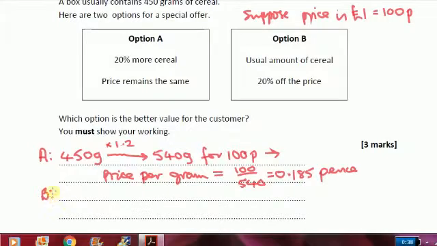And in option B, it just says the usual amount of cereal, but 20% off of the price. So we still get 450 grams of cereal in option B instead of 540. And we get it for 20% off from 100. That's easy. If you subtract 20%, that means you're left with 80% of 100, which is 80 pence.